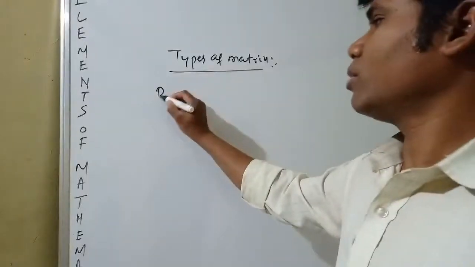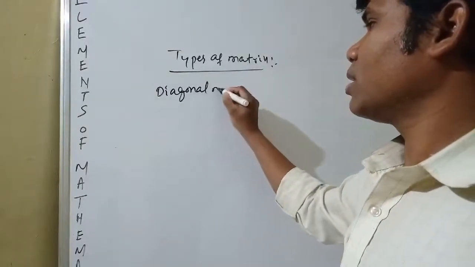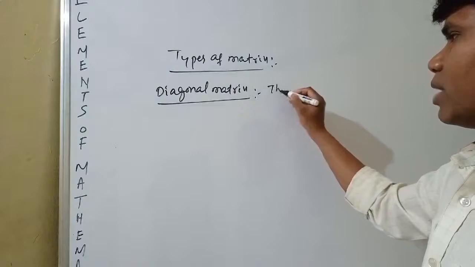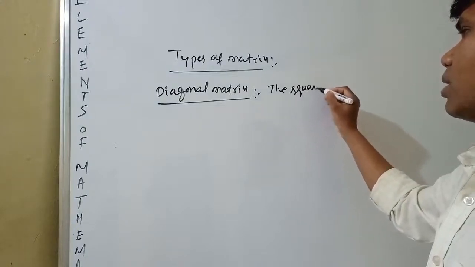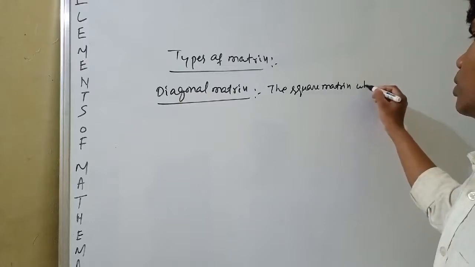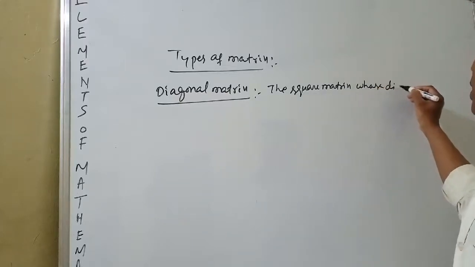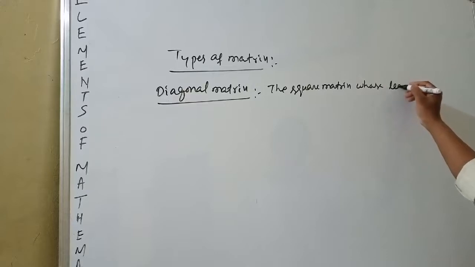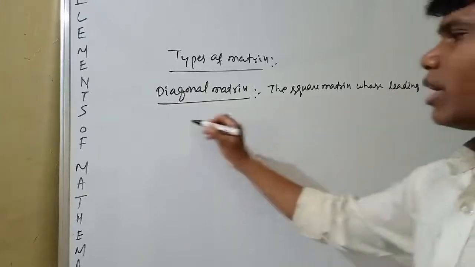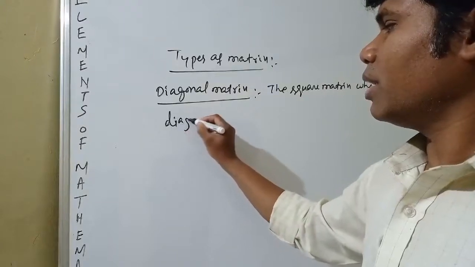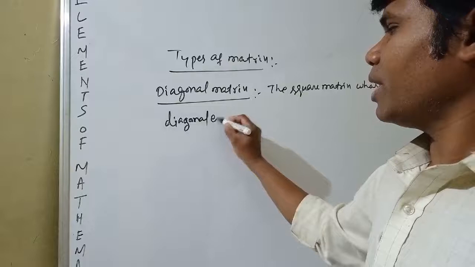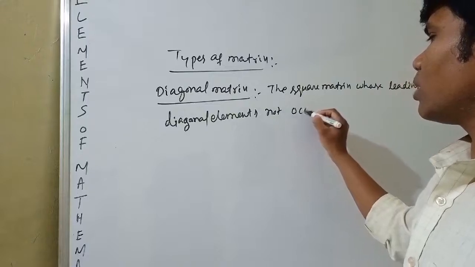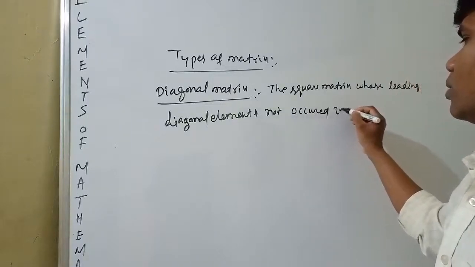Next, come to the diagonal matrix. A diagonal matrix is a square matrix whose leading diagonal elements are not 0, and the other elements are 0.